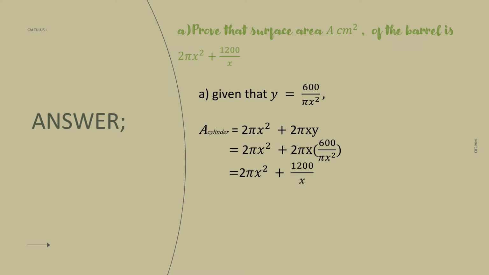So we substitute with our radius and height, which are x and y. It will be 2 pi x squared plus 2 pi xy. Then we substitute the y: 2 pi x squared plus 2 pi x multiplied by 600 over pi x squared. We calculate, and it will be 2 pi x squared plus 1200 over x.